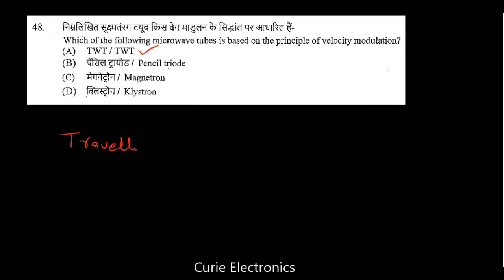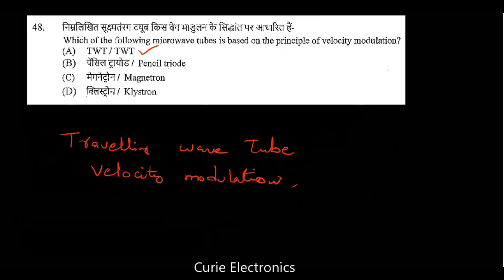Here there is a process called velocity modulation. We use TWT for satellite communication because it provides a very wide bandwidth. That's why we use this TWT for satellite communication.